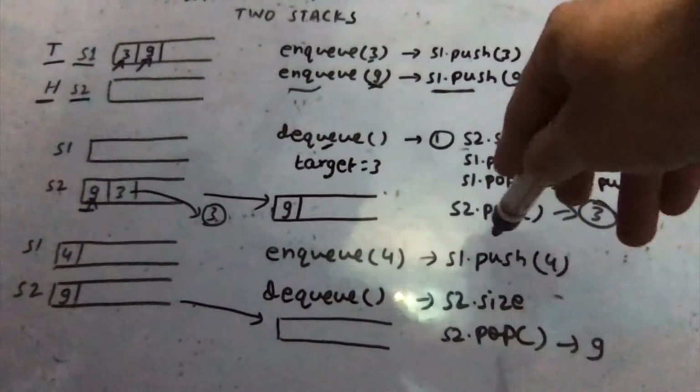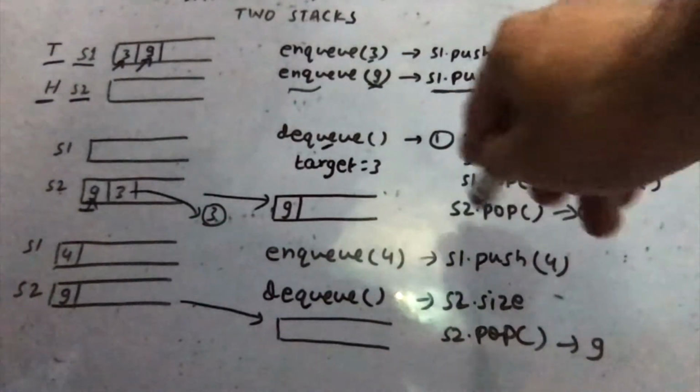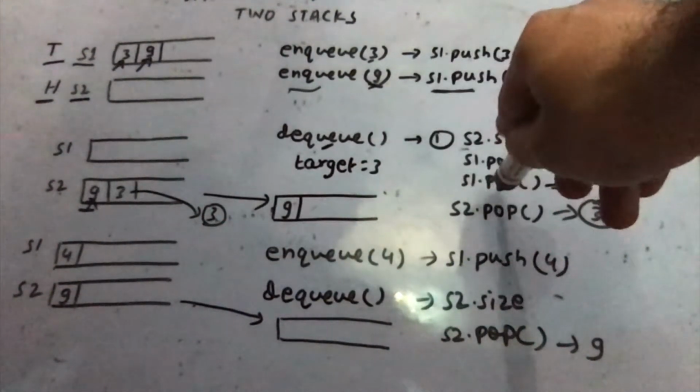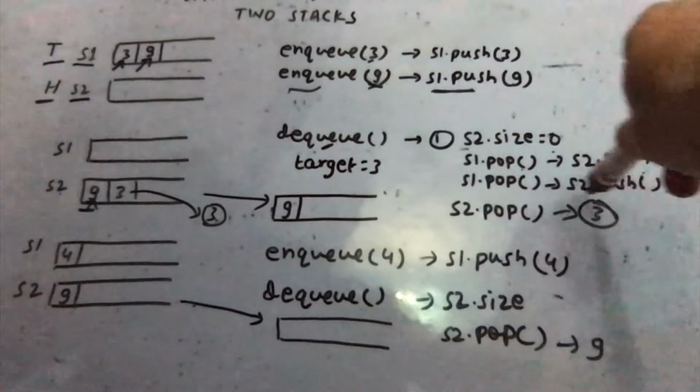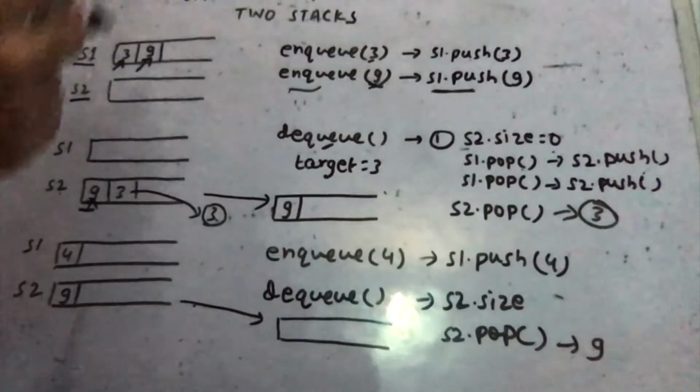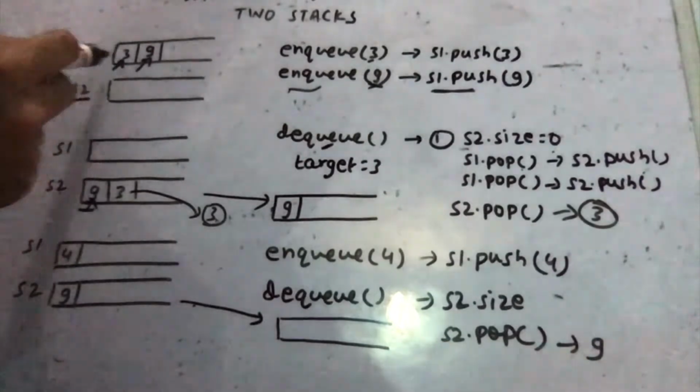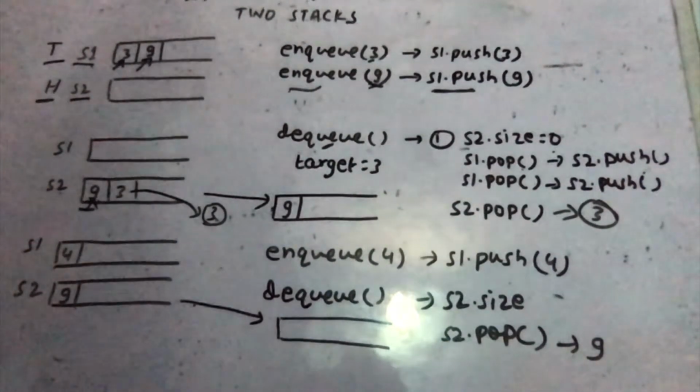Now the second operation is, until all the elements are exhausted, keep popping and push all the elements to stack 2. So the second element is 3, so it gets popped from stack 1 and pushed into stack 2.